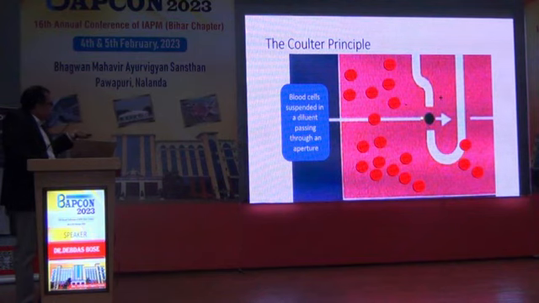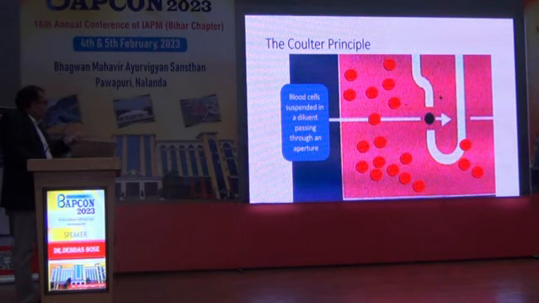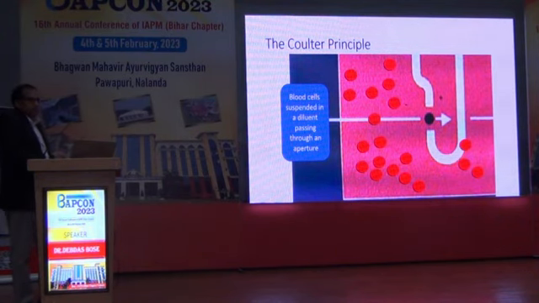So if one cell goes through this pore, because cells are not transmitting the electric current, the machine gives one pulse. One pulse means one event, means one cell, be it WBC, RBC, or platelet. So this is called the electric impedance method.